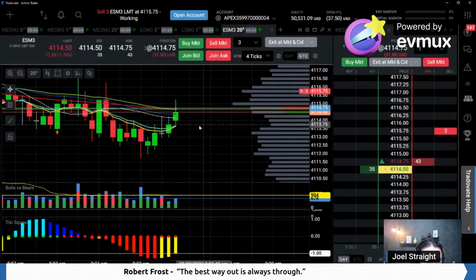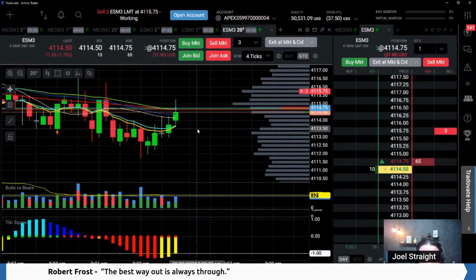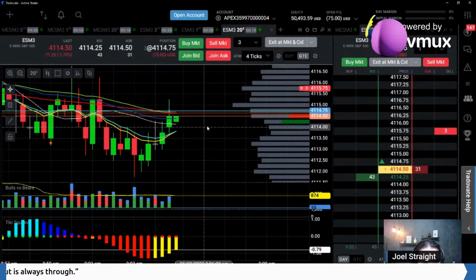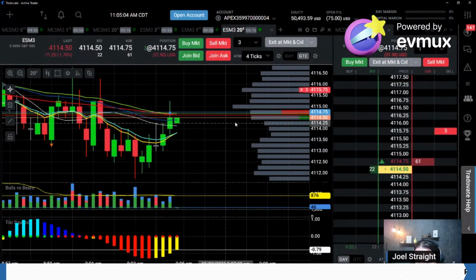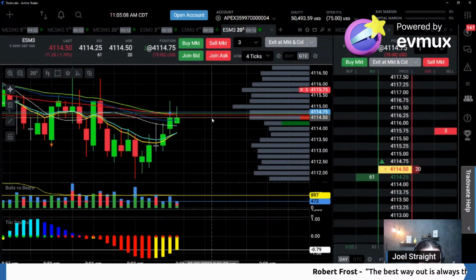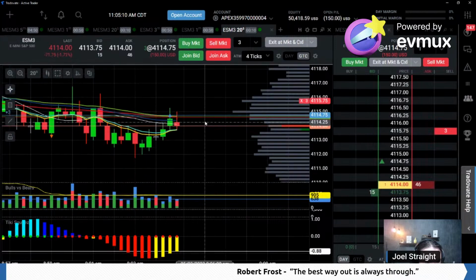Stop filled. What? Stop filled? In 3 contracts at 14.75. Trying to get out at 15.75. Going for 4 ticks.